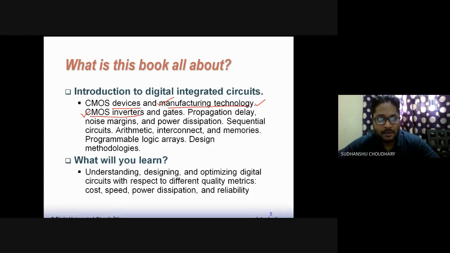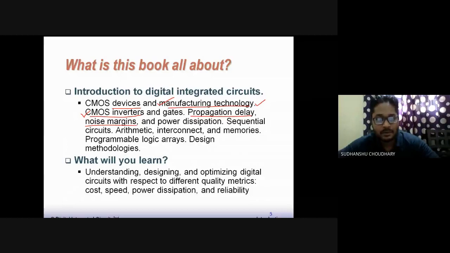So what kind of analysis will we perform? We will be interested in learning about the propagation delay: how to calculate propagation delay, and what are the factors that contribute to the propagation delay of a gate. Then we'll also talk about noise margin calculations.